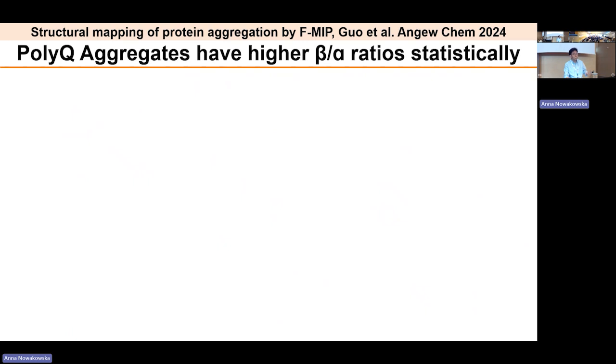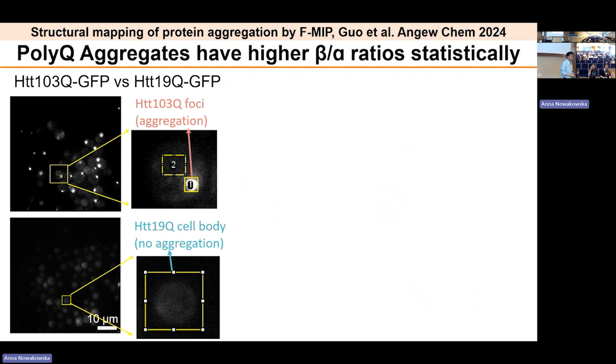A model for Huntington disease is polyQ aggregates. This has been routinely measured by fusing a GFP to a polyQ peptide. So you can see this aggregate dot structure. But the fluorescent microscopy does not tell us what's inside this structure, right?